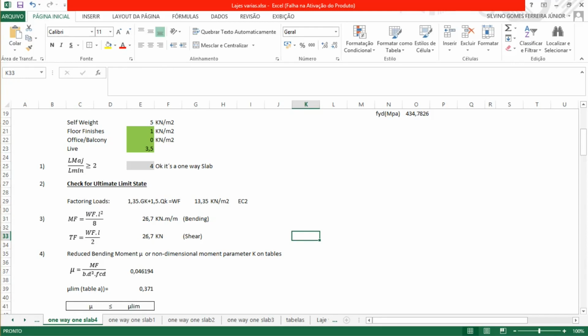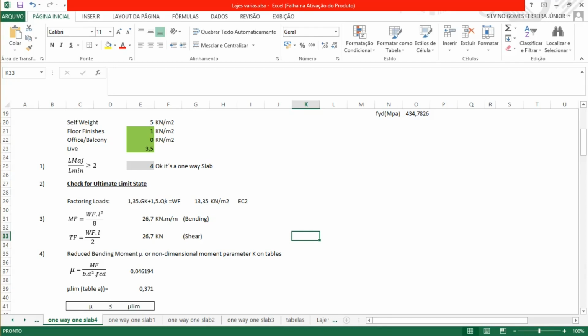And so we're gonna have to calculate the reduced bending moment, or we can call it K, used in the British standards or in the Eurocode. This K is a non-dimensional moment parameter.